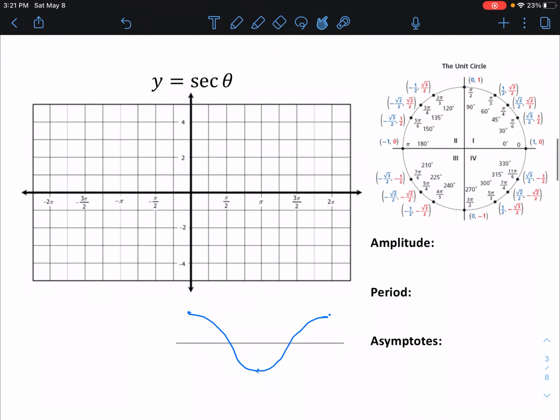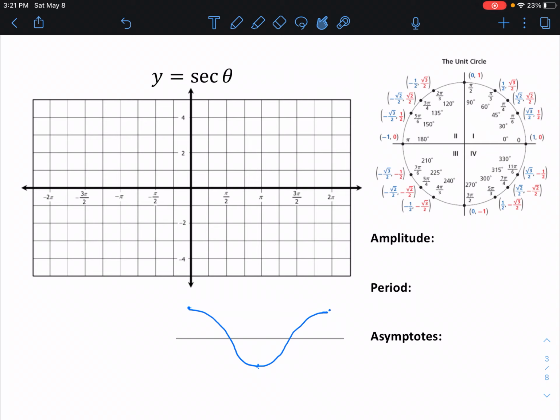Okay, let's take a look at secant. So the secant graph is the reciprocal of cosine theta. Now we know that cosine starts at 1, okay? So you can use your unit circle or you can just use this graph to kind of guide you. The graph might be a little bit easier for this. So we know at 0 it is 1, so the reciprocal is still going to be 1.